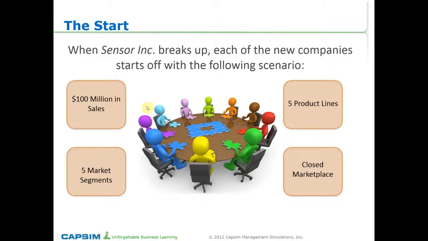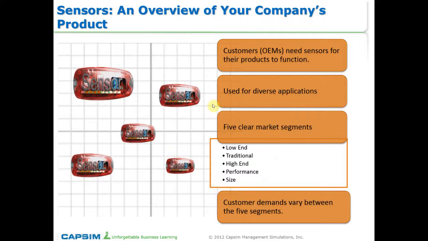Here's what happens when it's broken up. There's $100 million in total sales. There's 5 market segments. That means 5 different types of products. You should have gotten that from the situation analysis. 5 product lines. Okay, and it's a closed marketplace, meaning we won't have the potential for new competitors coming in.